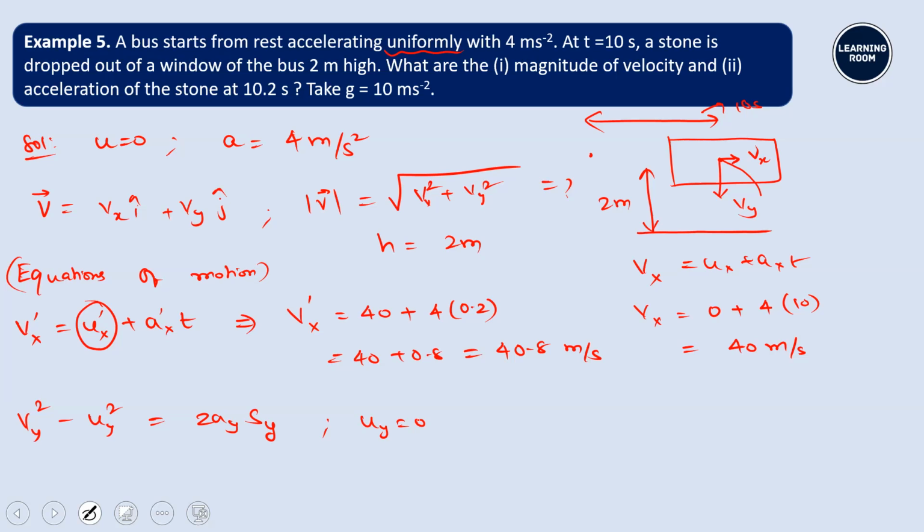parabolic path. Okay. Now if Uy is 0, then Vy square will be equal to 2 into acceleration along y direction, which is going to be g. Right?